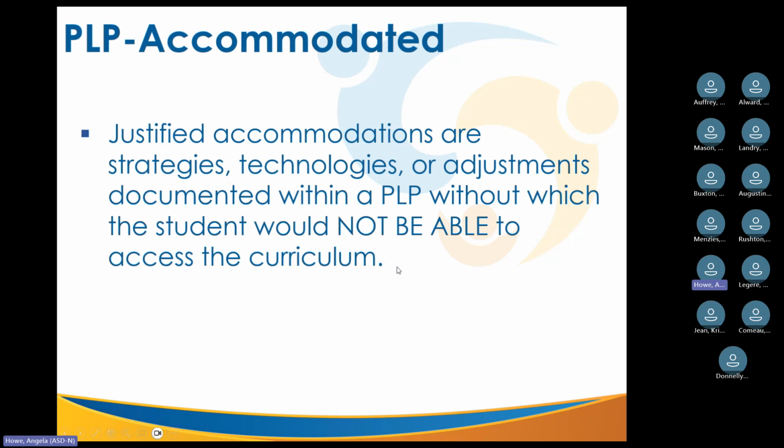So an accommodated plan is where the student is still able to reach all of their learning outcomes, but they just do it in a different way. So I use the example if a student is blind or visually impaired, they may need Braille to access their curriculum, for example. That's a justified accommodation. It has to be justified. We have to document it in the justification summary.